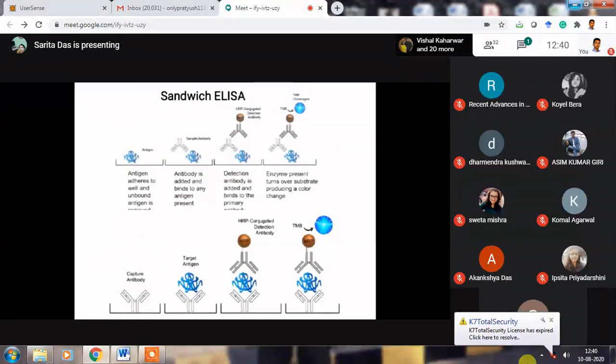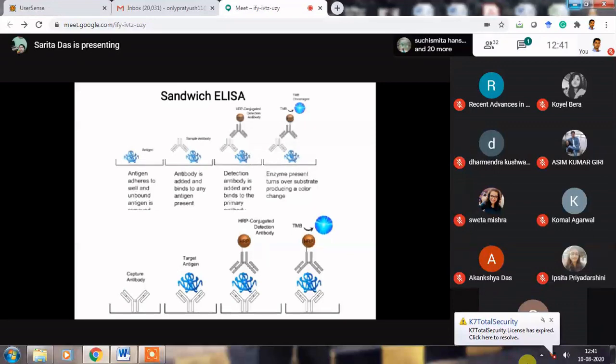So this figure shows the sandwich ELISA once we get the antigen or the antibody. If it is an antigen, then usually ELISA plates are 96-well microtiter plates, which would be coated with the antigen and then with the primary antibody, then a secondary antibody which is specific against the primary antibody, conjugated with some enzyme, and then you add the substrate.